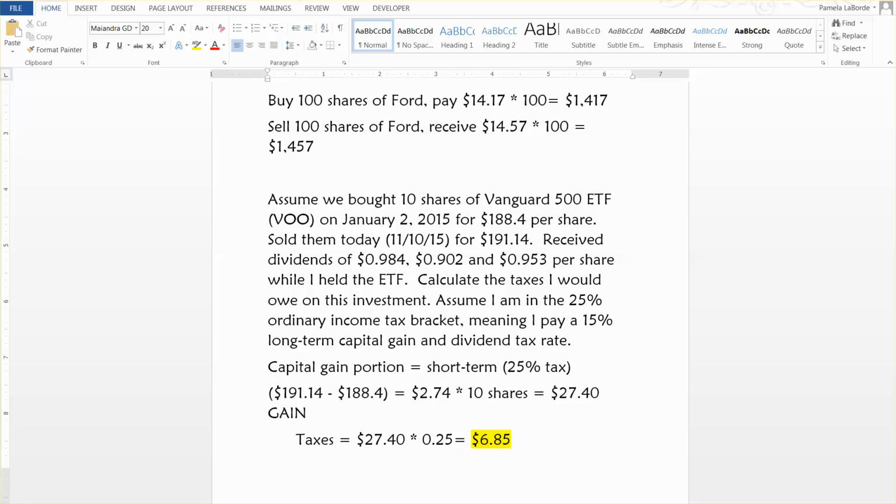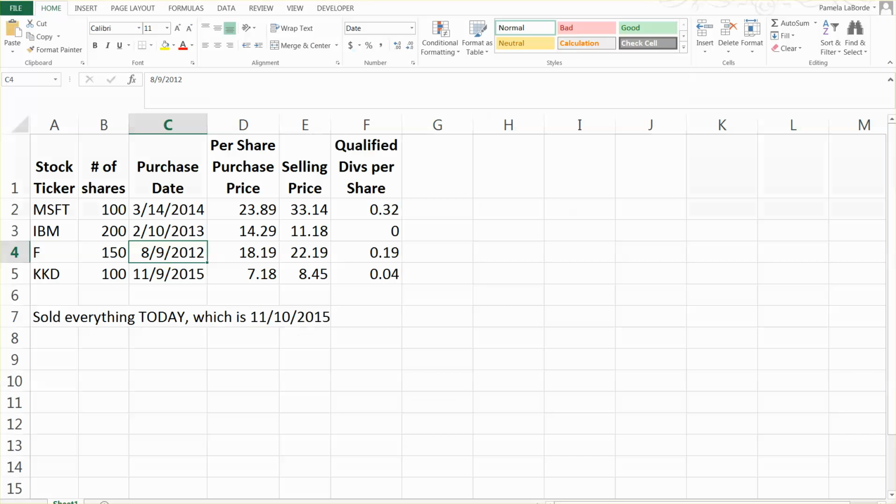All right, I want to do another example that's a little more complicated. This time, I'm actually assuming I'm buying shares of stock, but these could easily be exchange traded funds or even mutual funds. So these are real companies. This is Microsoft, IBM, Ford, and Krispy Kreme Donuts.